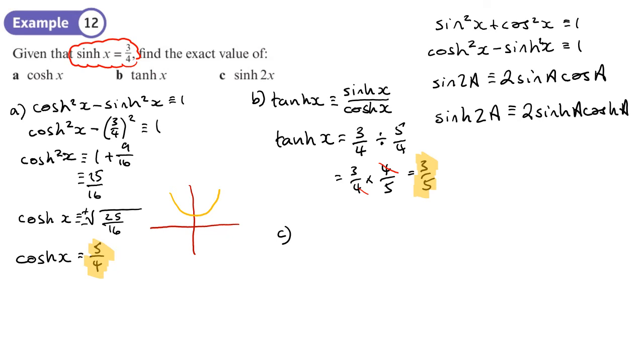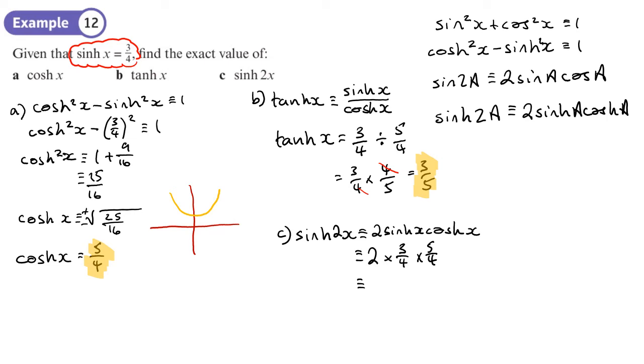Right, so sinh 2x is 2 sinh x cosh x. So that's 2 times, now sinh is 3/4, and cosh is 5/4, again assuming that we've worked it out right.